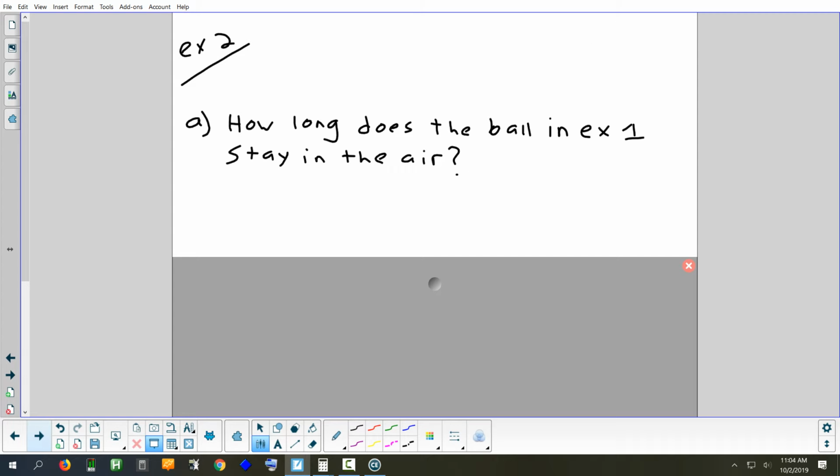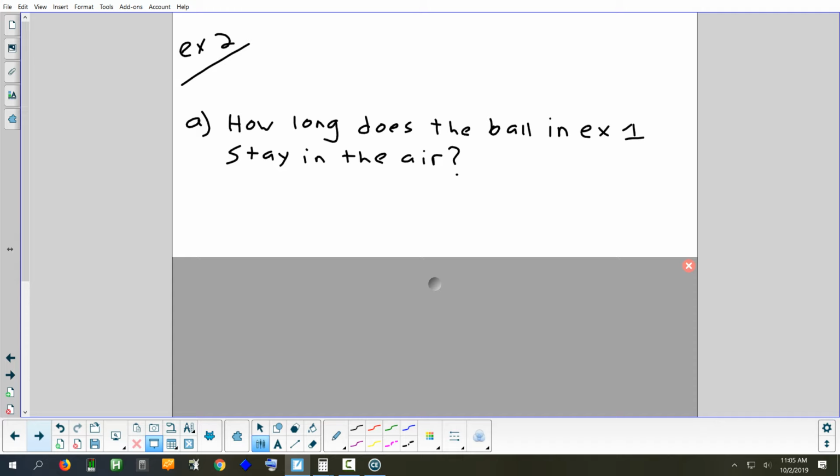All right, so now, kind of like the question Zach answered, but I don't want to know when the ball is above 64 feet, or how long it's above 64 feet. I just want to know how long it's in the air, period. So what does that mean about the height of the ball if it's in the air? You know that the height has to be what? Zach? Greater than 0.